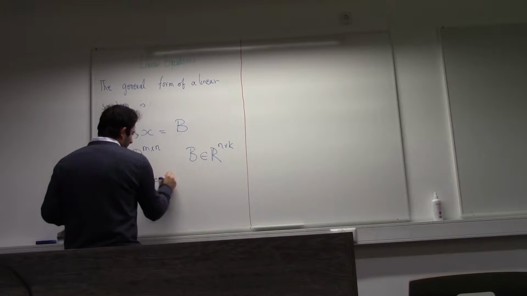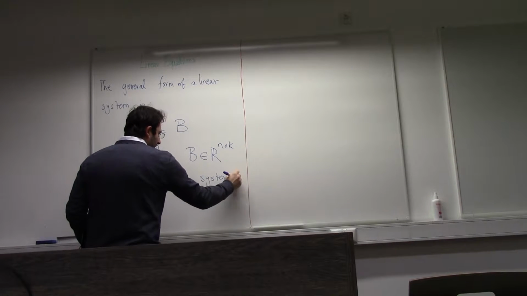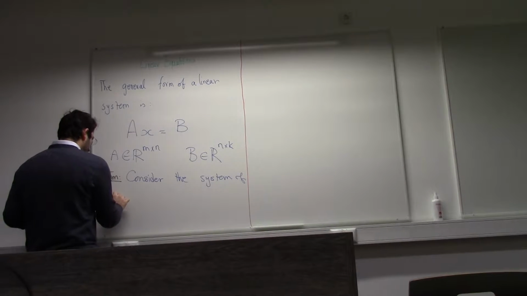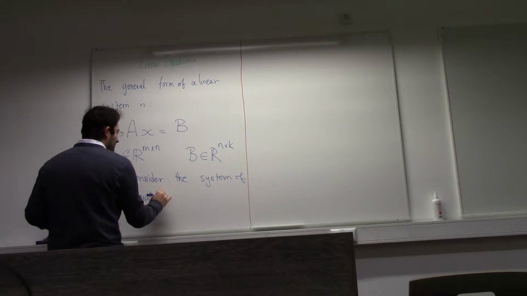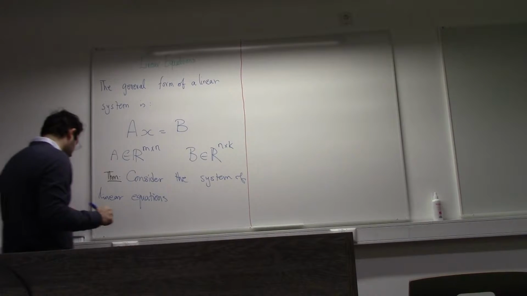Consider the system of linear equations. So consider Ax is equal to B, where A is in R n by n and B is in R n by k.